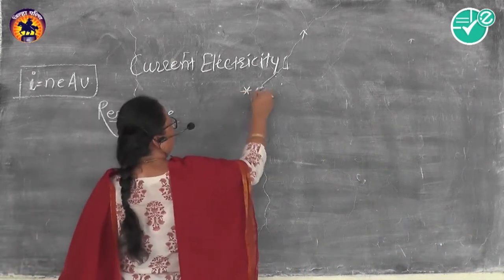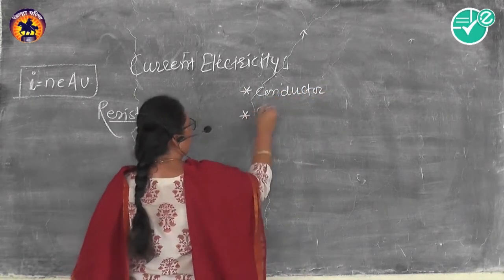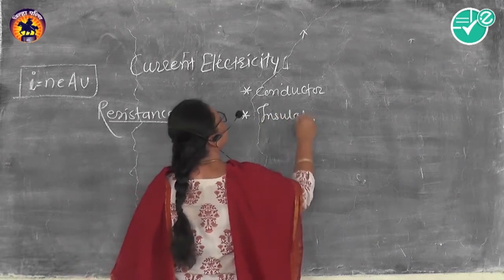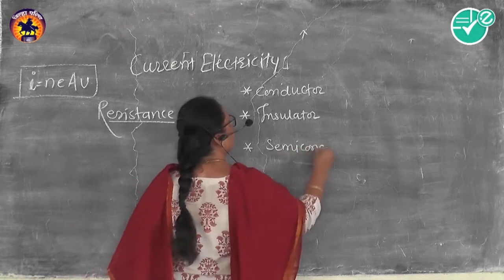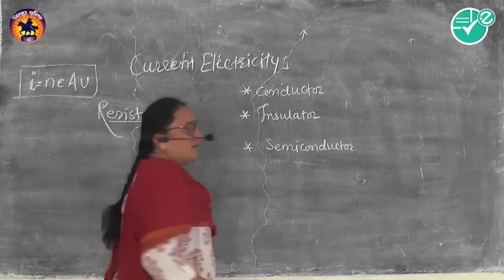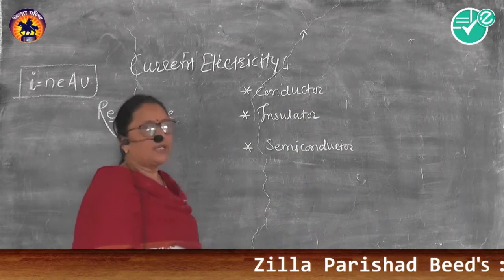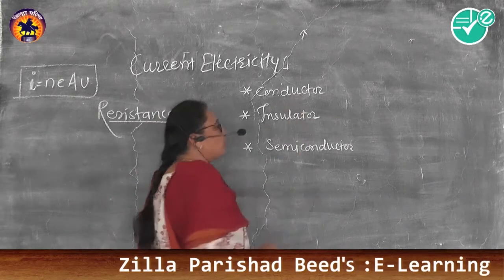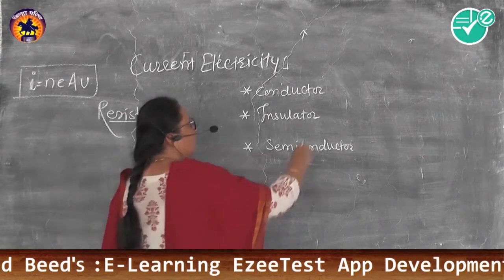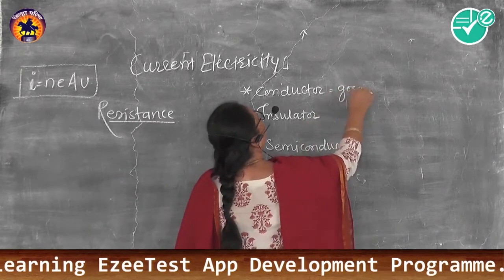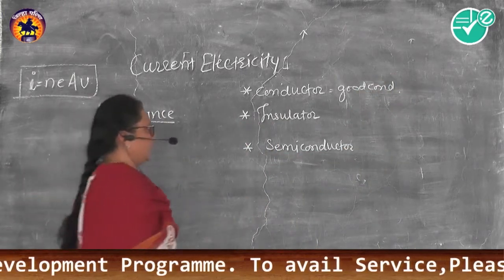One is conductor, another is insulator, and the third one is semiconductor. A conductor is a material in which there is a large flow of electrons, meaning we get a large amount of current because free electrons are large in number. So these are known as good conductors, and all metals are considered to be good conductors.